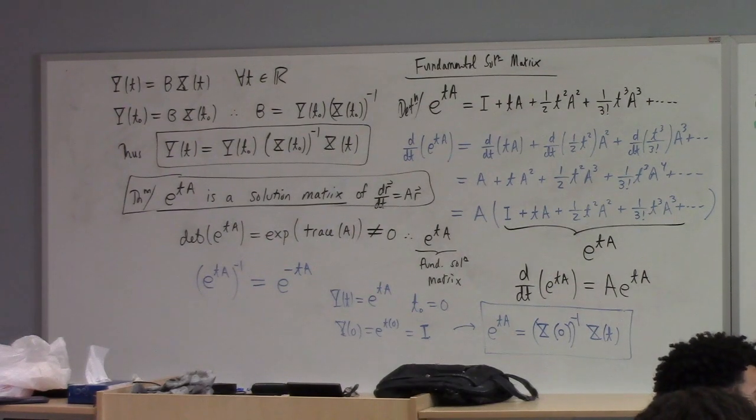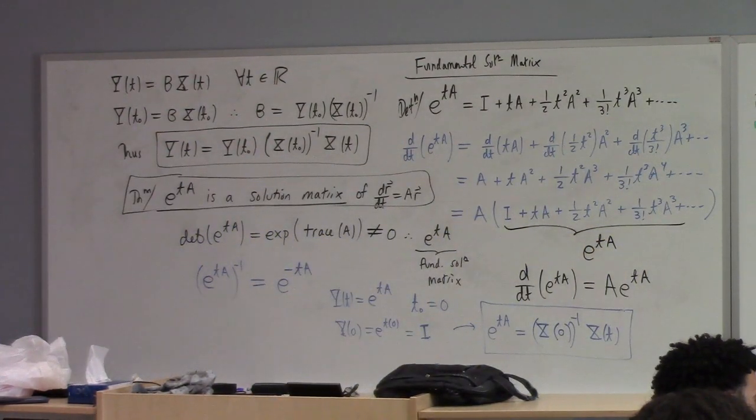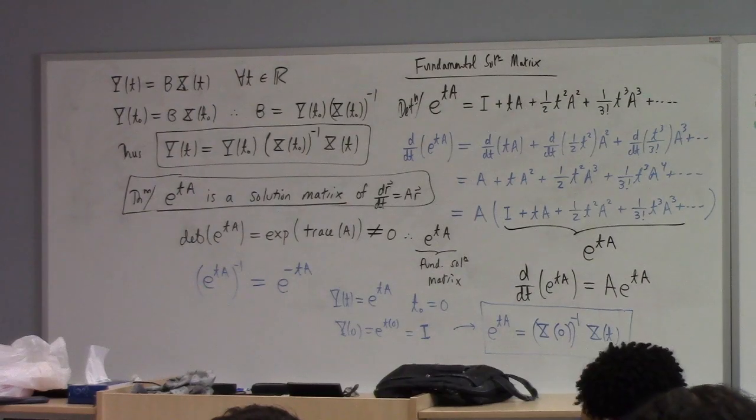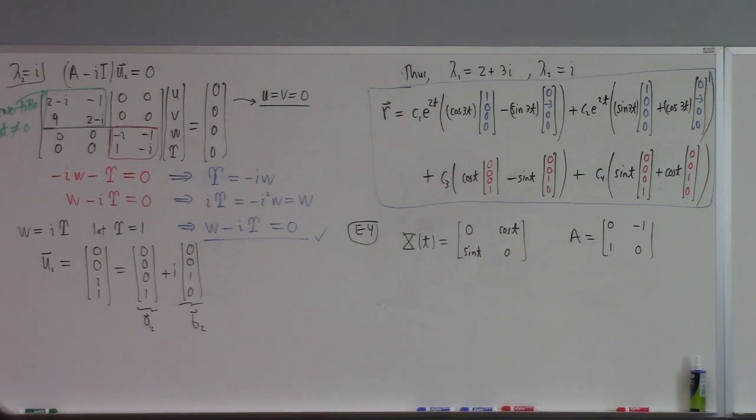This is example 4. If you look at my second example, we can extract that for the 2 by 2 matrix that I just wrote. See that? Like that would be a fundamental solution matrix.